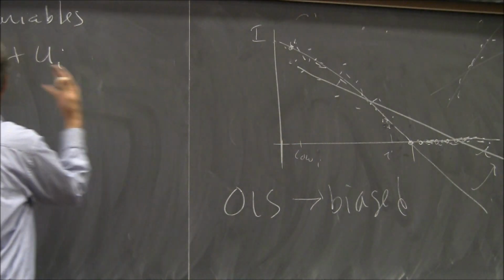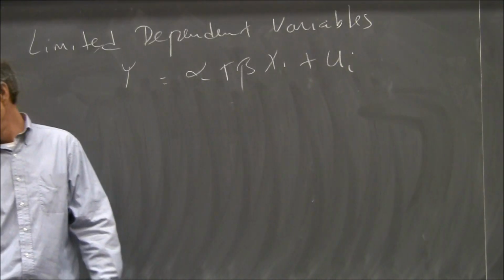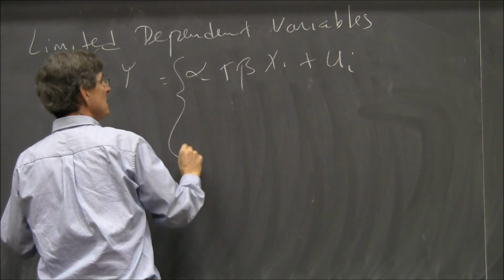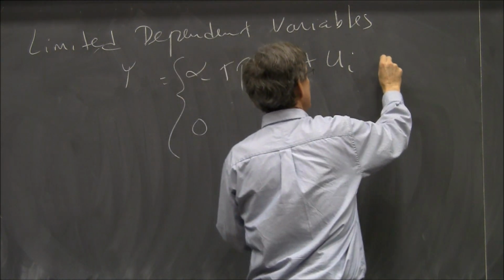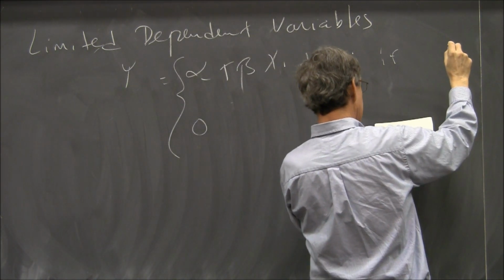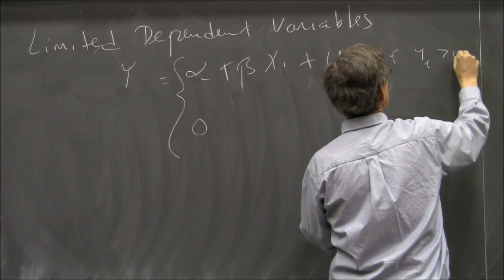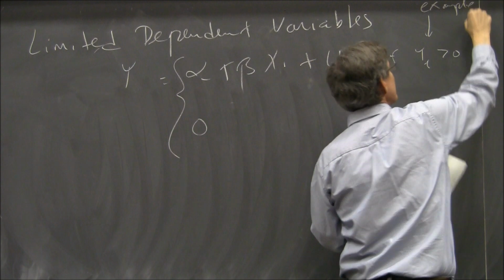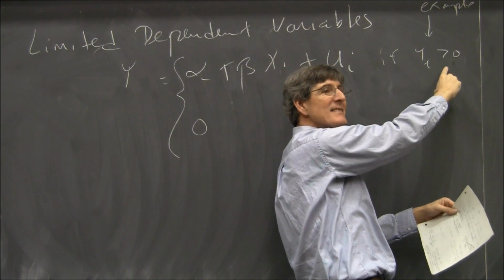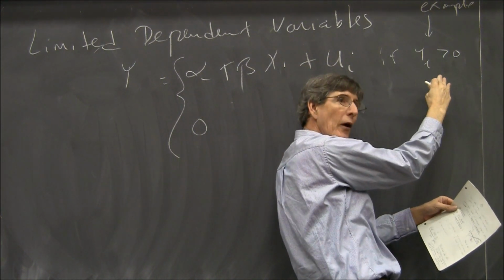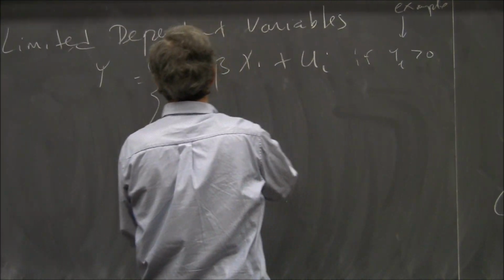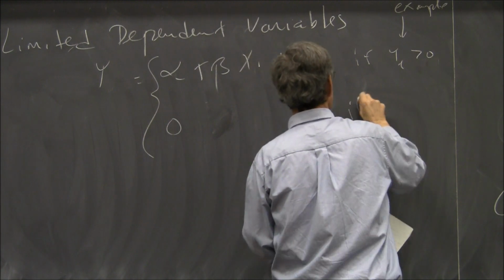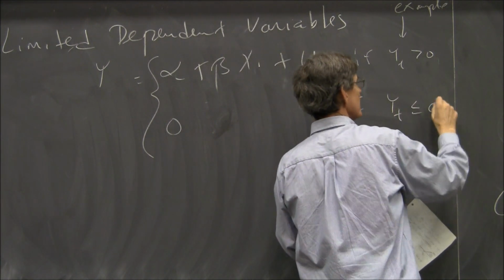So the way to represent this mathematically is to say that yt is observed if, say, yt is greater than 0. This is just an example. This could be any number. It could be less than something too. It's just a truncation point. And yt is equal to 0 otherwise, 0 if yt is less than or equal to that.